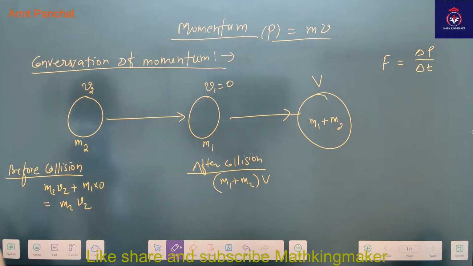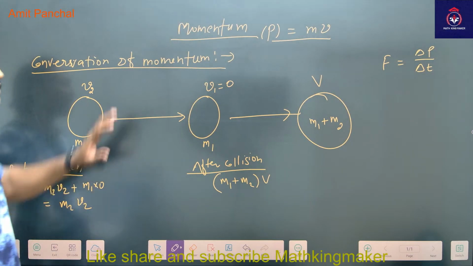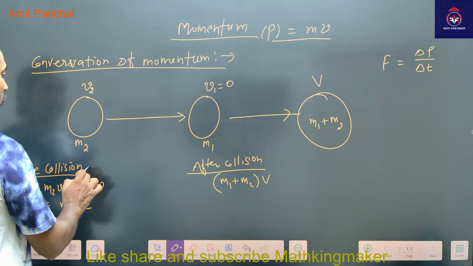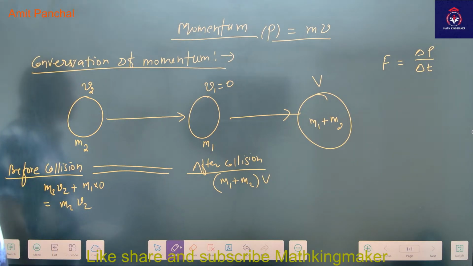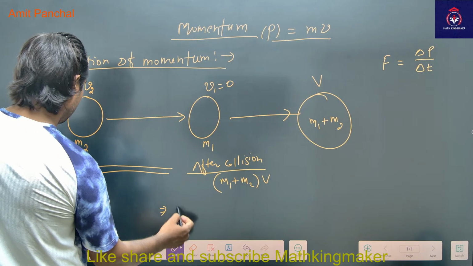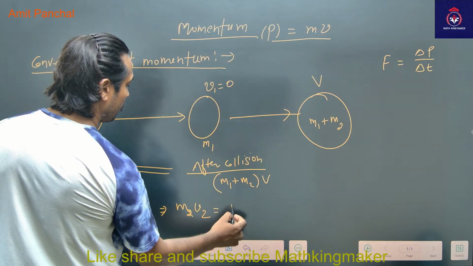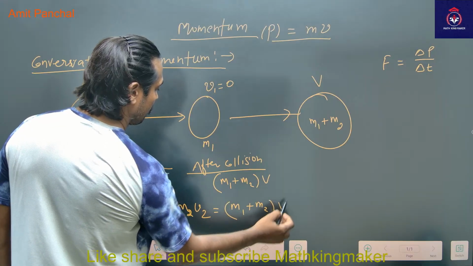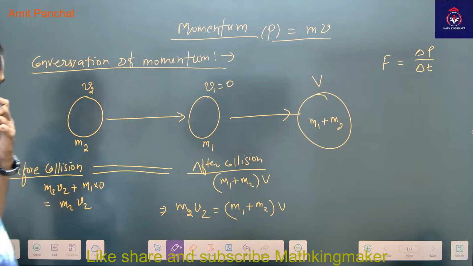So by the law of conservation of momentum, your momentum before collision and momentum after collision will be equal. So m2v2 will be equal to m1 plus m2 into v, because momentum is being conserved.